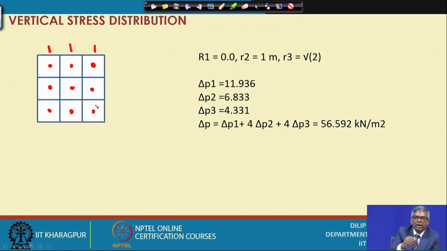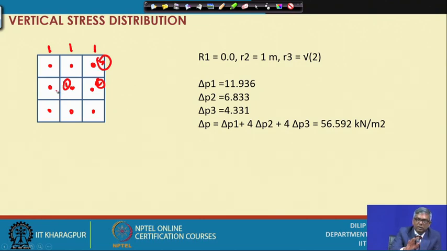So, that means 9 concentrated loads are applied at 9 locations, and because of that the total effect is obtained at this point. So, first is 1, suppose, and suppose this is 2, and this is 3, I am numbering, and you can see it is symmetric.